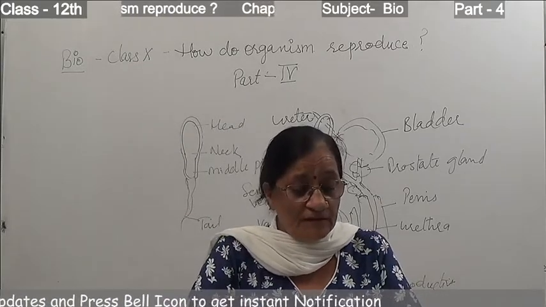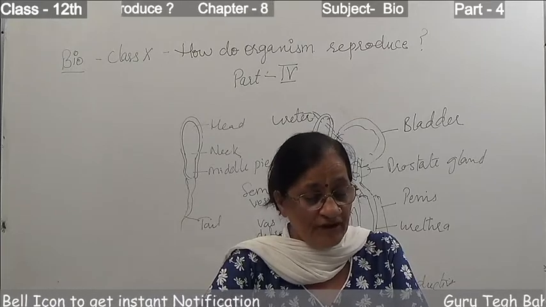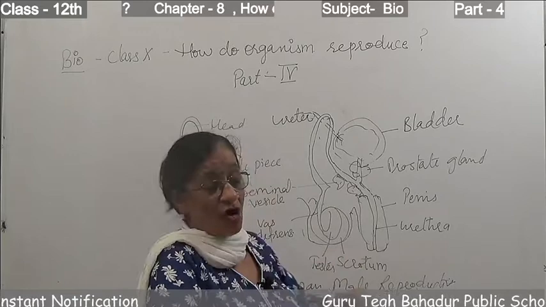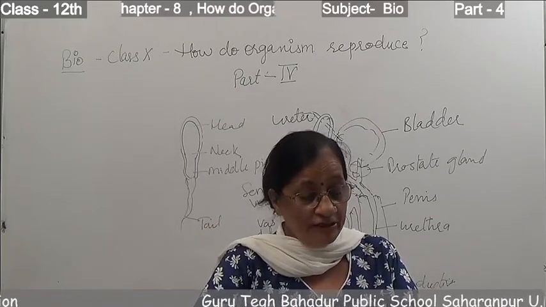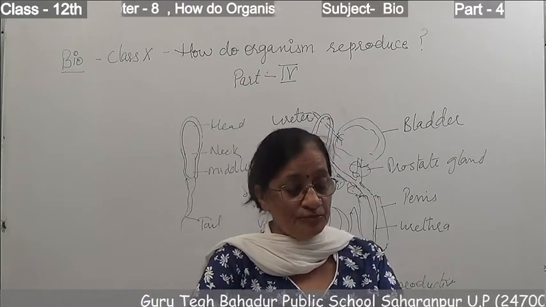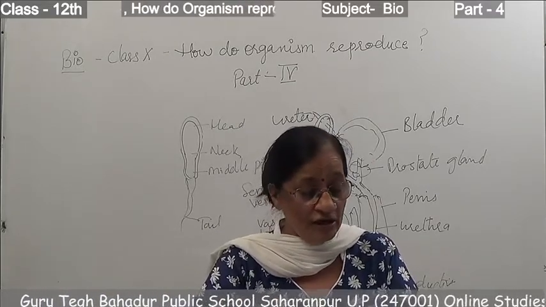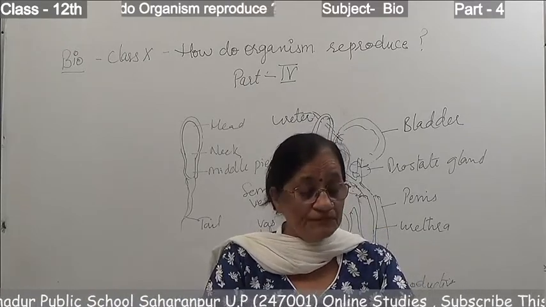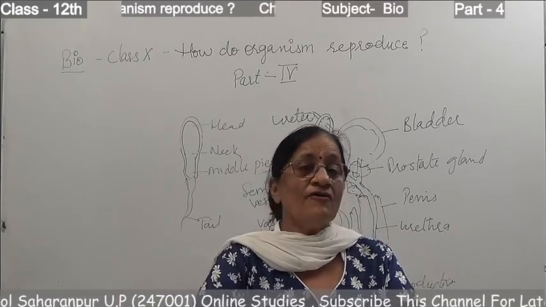Now, sperms are produced in males throughout the reproductive life. The sperms are tiny bodies that consist of genetic material and a long tail that helps them move towards the female germ cell, the ovum or egg. The sperms formed in testes are delivered through the vas deferens.